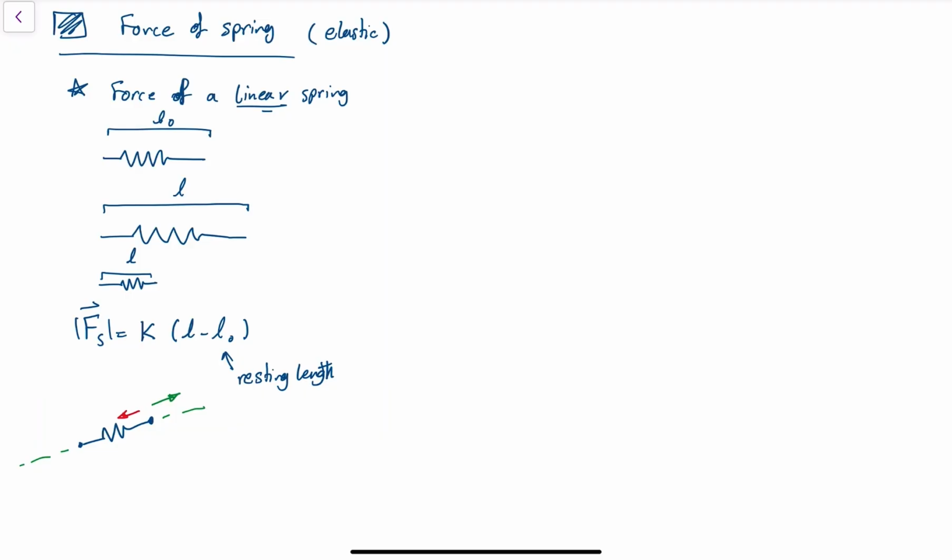And you should be careful which one you define as your force. One force would be plus in the pulling direction, the other force would be in the opposite direction, for instance, in the spring.